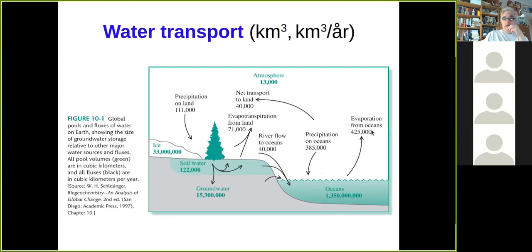And then if it comes into the atmosphere, it can precipitate over land and vegetation can grow. But we don't need to deal with this. The figures here are actually in cubic kilometers, so it's quite a lot.